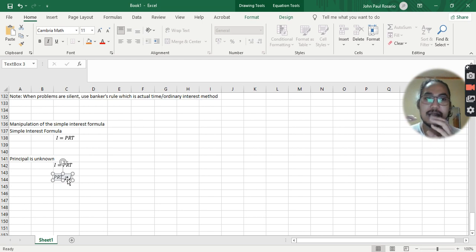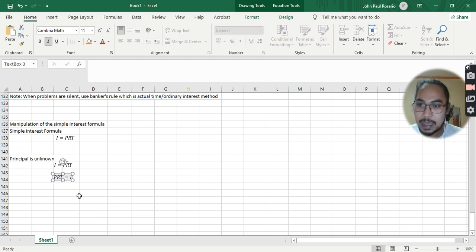In order to transfer that to the other side, you have to divide the whole equation by the reverse of the operation of the variables that you are going to transfer. So if multiplication, divide. If addition, subtract. Multiplication becomes division, subtraction becomes addition, and vice versa. Division, multiplication.